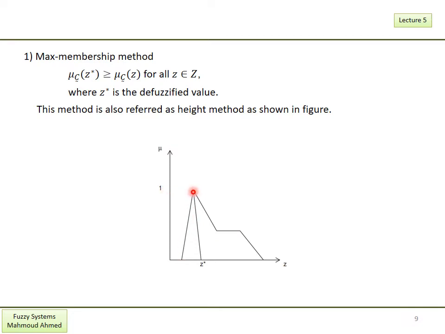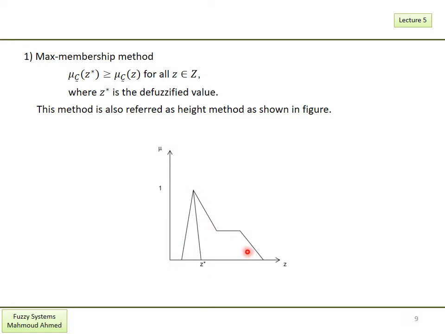This is the maximum value. And simply at this maximum value, we project this point with a line directly on the z-axis and obtain z star. So z star simply represents the defuzzified value of this membership function.